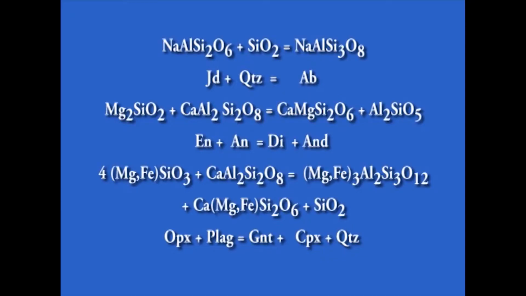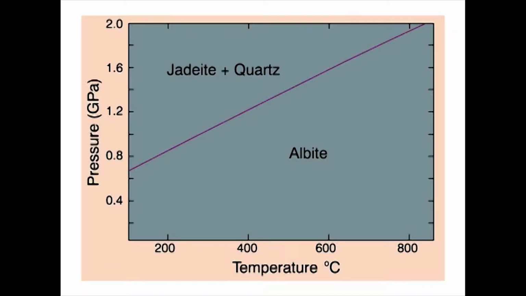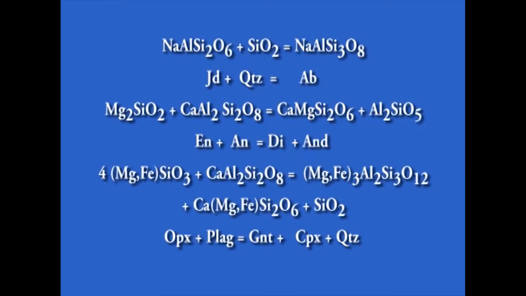For examples: first, NaAlSi2O6 plus SiO2 gives rise to NaAlSi3O8, that is, jadeite plus quartz gives rise to albite. Second, Mg2SiO4 plus enstatite plus anorthite gives rise to diopside plus andalusite.